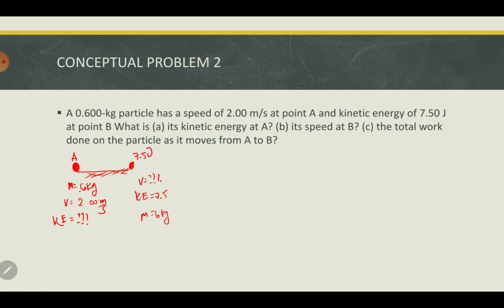At A, we will solve for kinetic energy. Kinetic energy is equal to 1/2 mv squared, which is 1/2 multiplied by its mass, 0.6 kilogram, multiplied by its velocity, 2 meters per second, squared.